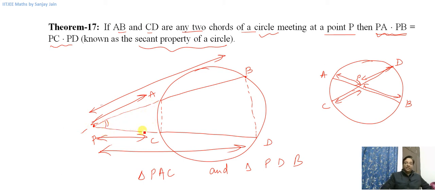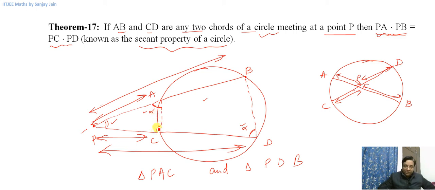Another thing you can notice is that this angle here is an exterior angle for this cyclic quadrilateral. So if this is alpha, it will be equal to the interior opposite angle, that is this angle, which will also be alpha. This angle is common to both the triangles, and this angle is equal to this angle because it is an exterior angle to this cyclic quadrilateral, and it will be equal to the interior opposite angle.